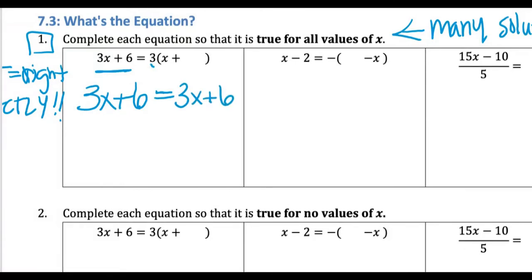I'm given the 3 that's going to be distributed. Well, when I distribute the 3 times x, I'll get 3x. What would have to be in this spot so that when I distribute the 3, it becomes a 6? That's all we're thinking about here. So for a second, think about what would have to be in this empty spot so that when I distribute the 3, I get 6. Hopefully you said 2.